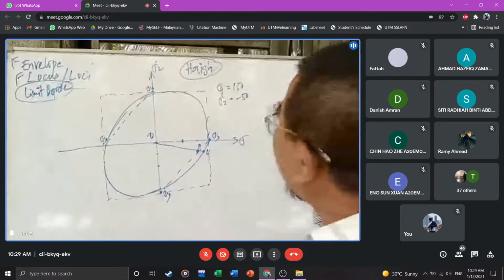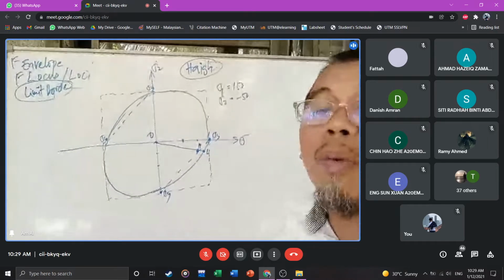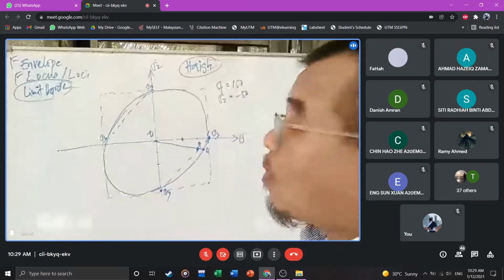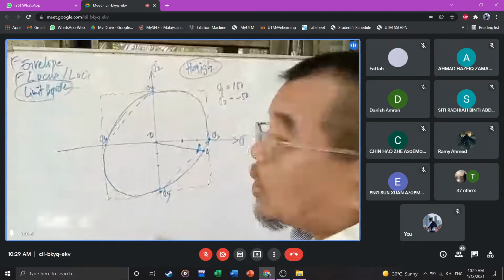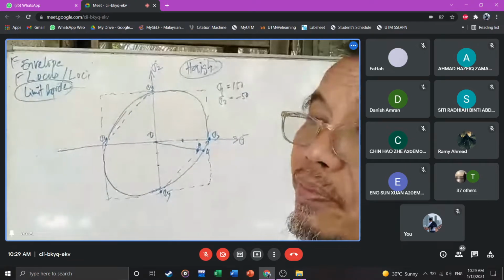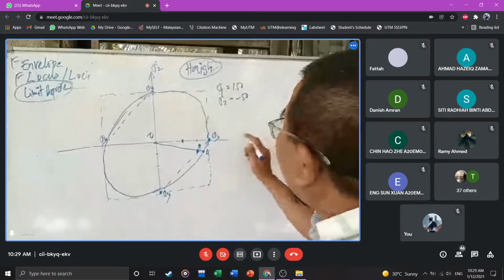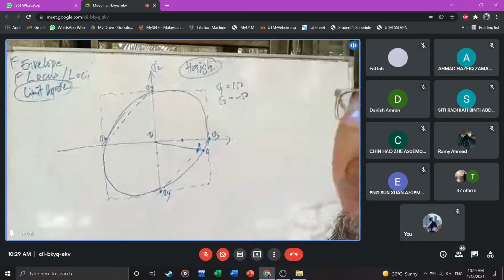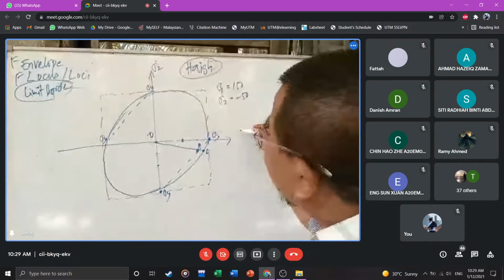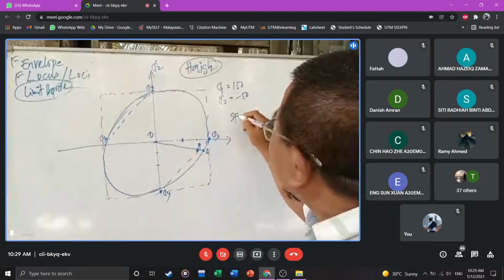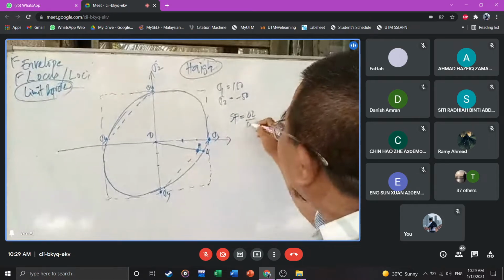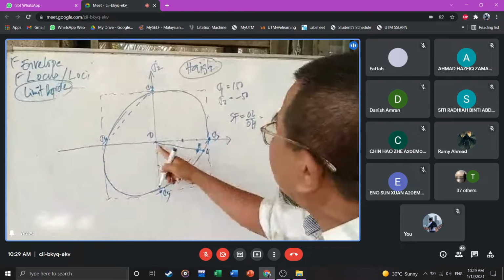So make sure when you do this, you compare your graph here. The bigger the graph, the more accurate your calculation. And you always compare with the theoretical. So for the graphical, the safety factor is equal to OL plus OH, whatever it is here.